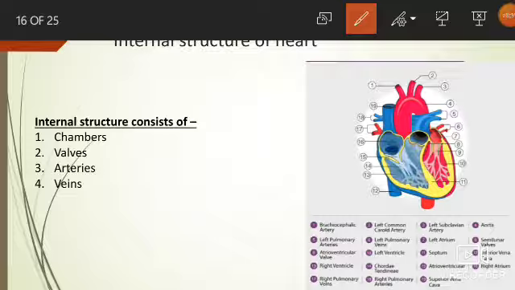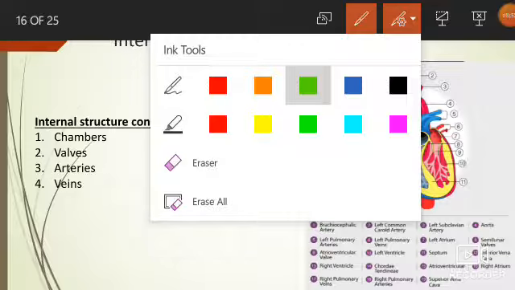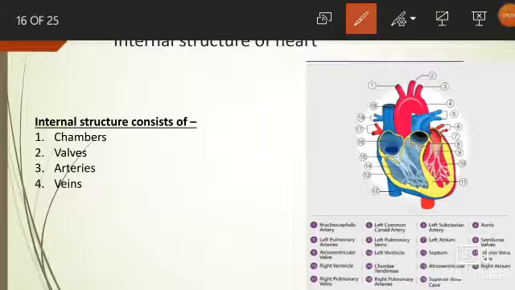This structure of the heart is divided into red color and blue color. The blue color stands for deoxygenated blood, that is impure blood, and the red color stands for pure blood, that is oxygenated blood. So in this structure, the places where you see the blue color are the parts which carry deoxygenated blood from all parts of the body to the right atrium region.